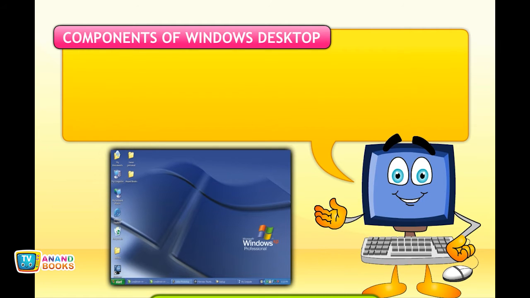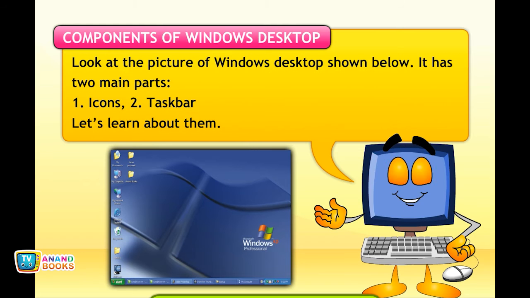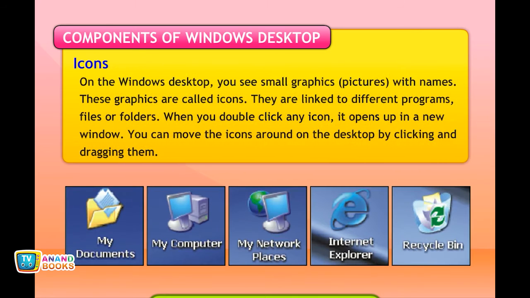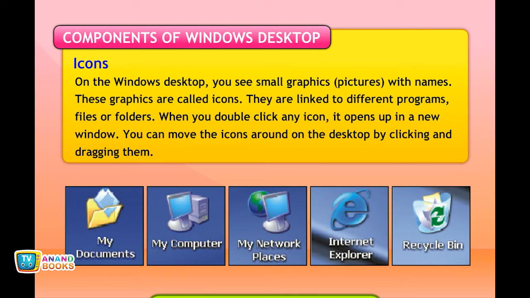Components of Windows Desktop. Look at the picture of Windows Desktop shown below. It has two main parts: one, icons; two, taskbar. Let's learn about them. Icons. On the Windows desktop, you see small graphics with names.